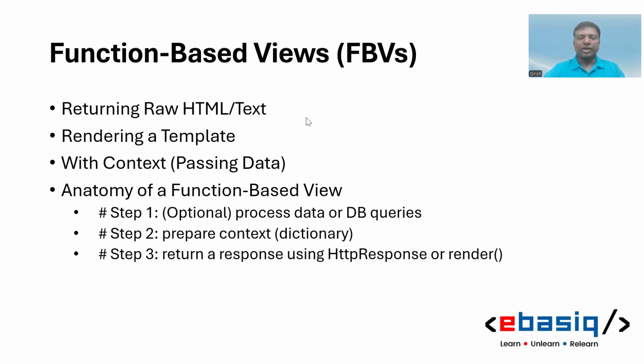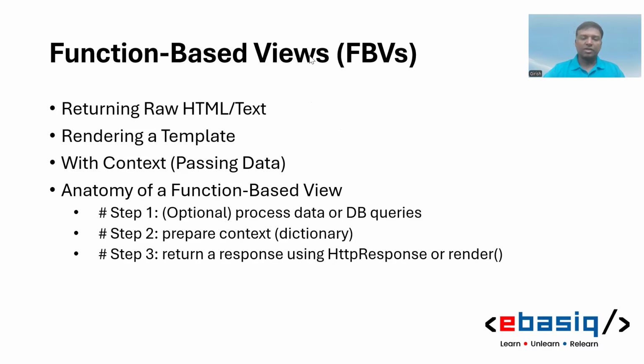So as I said, we have two types of views. One is function-based views, and next one is class-based views. So function-based views simply return raw HTML or text data, and it renders the template. Okay, and we can pass the data with a context.